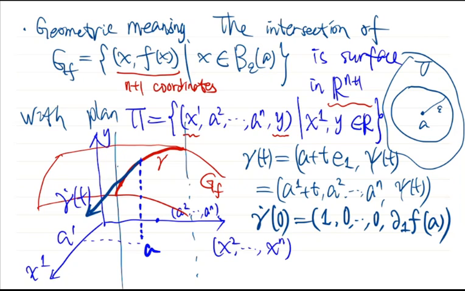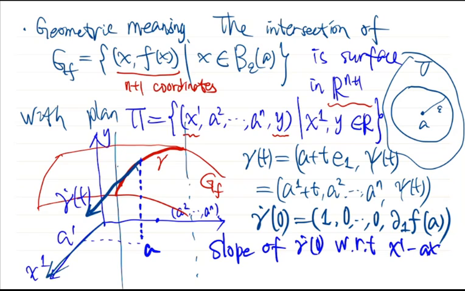Therefore, the slope of this tangent with respect to the x1 axis is D1 f(a).